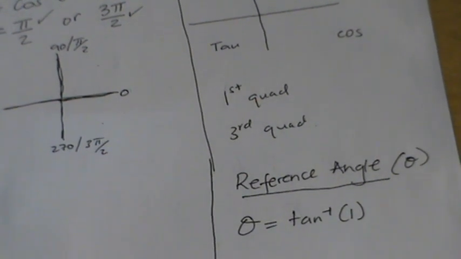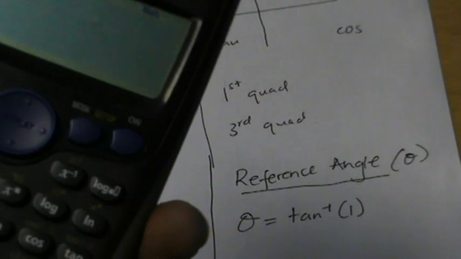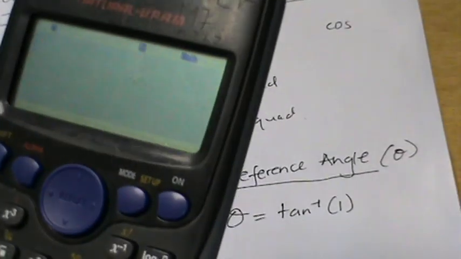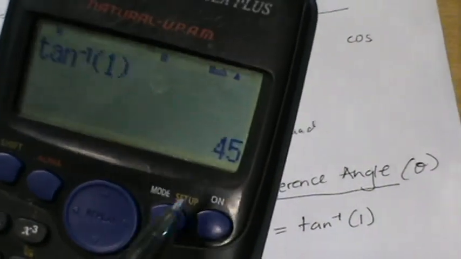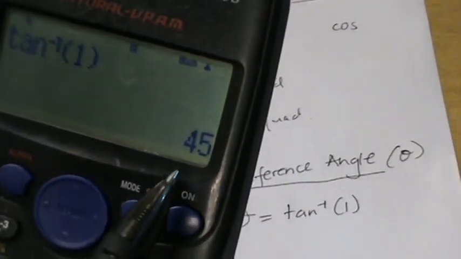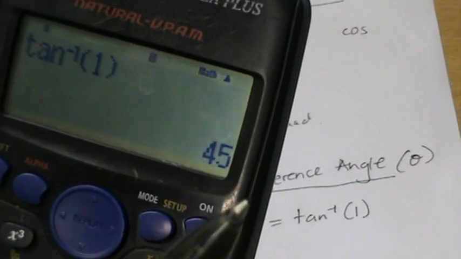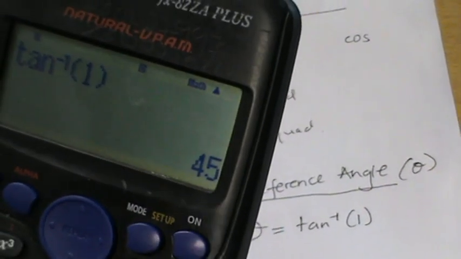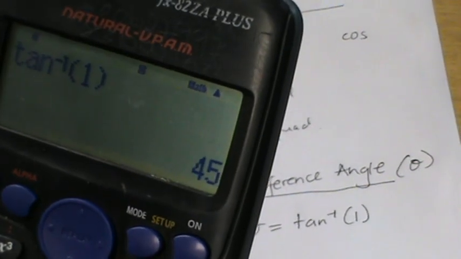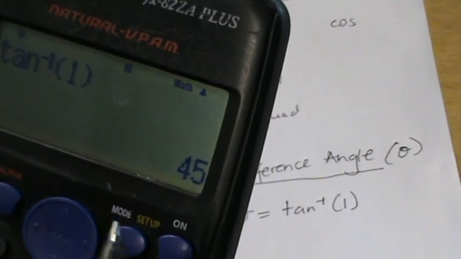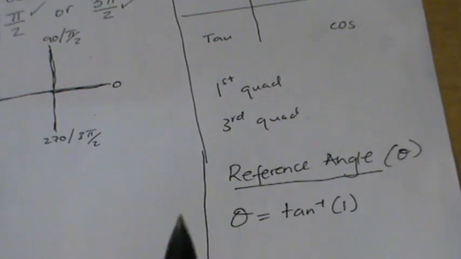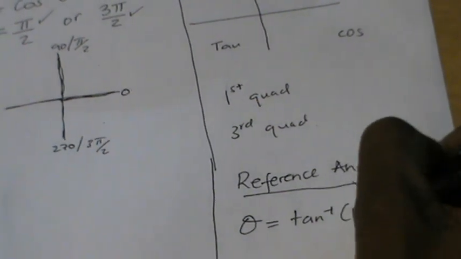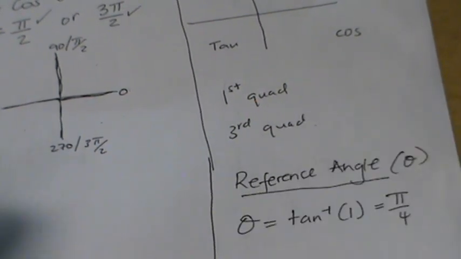If your calculator is in degrees, we have tan inverse of 1, and I get 45. And 45 is a special angle, so you should know that tan of 45 gives me 1. But here we're working with radians, so I need to rewrite this 45 in radians. And when I do that, theta is equal to pi over 4.